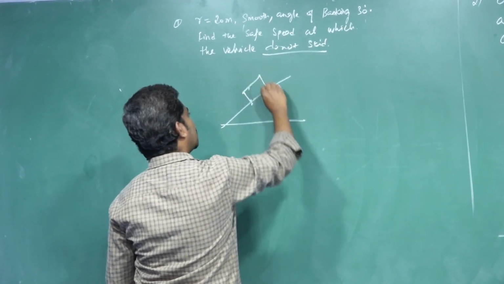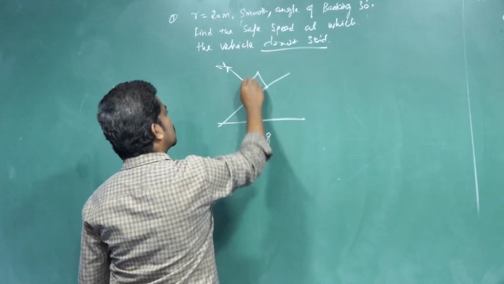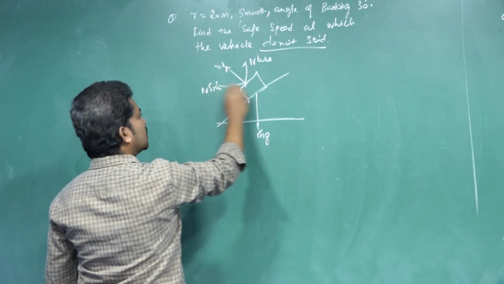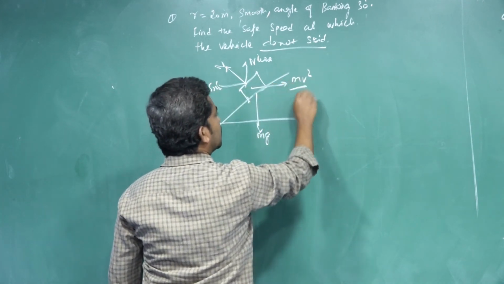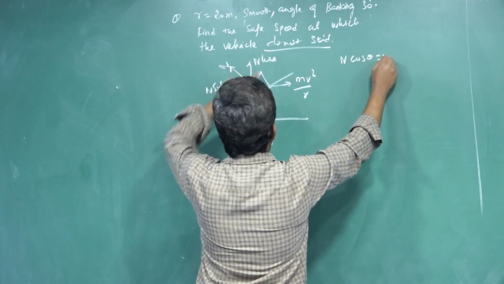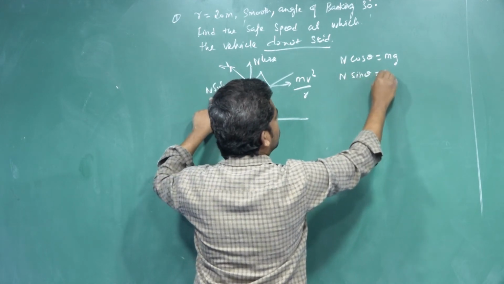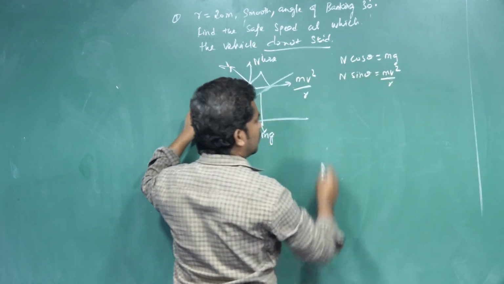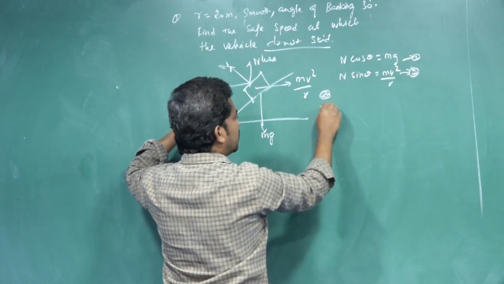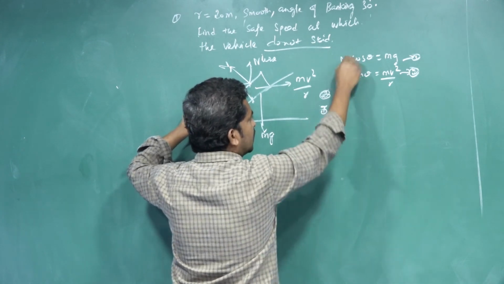The object is acted on by mg and the normal force, which is divided into two components, N cos theta and N sin theta. In the outward direction is mv square divided by r. So N cos theta is equal to mg, equation 1, and N sin theta is equal to mv square divided by r, equation 2. Dividing 2 by 1, N sin theta divided by N cos theta, N cancels.